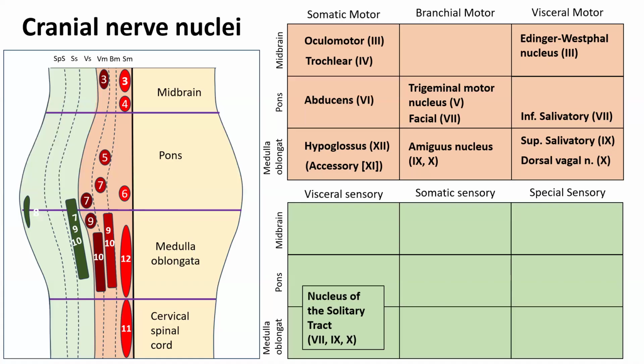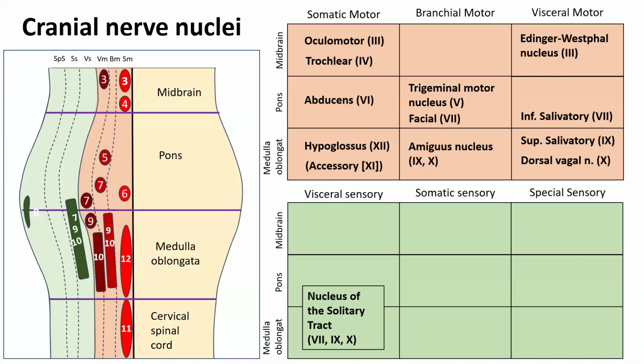So these chemoreceptors will detect changes in the acidic level, the pH, I don't know if you say that in English, of the blood, or the CO2 level of the blood. And based on that information, respiratory rate can change. Taste is also a function of the nucleus of the solitary tract.